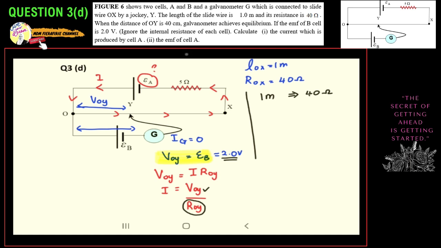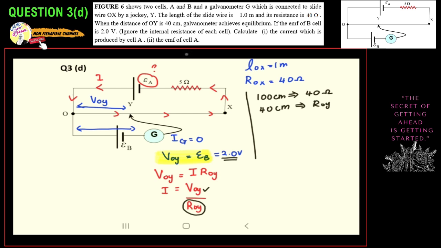Daripada O to X 1 meter and the resistance is 40 ohm. Kalau OY tadi 40 cm, 1 meter tu saya letak 100 cm, berapa pula dia punya ROY? Kita letak sini ROY.